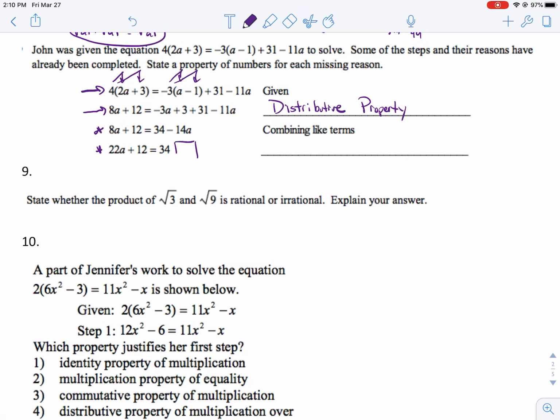If we notice, we don't have the negative 14a over here. And 8a then became 22a. So what it looks like is they added 14a to both sides.